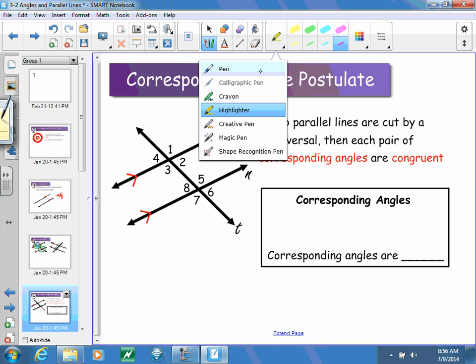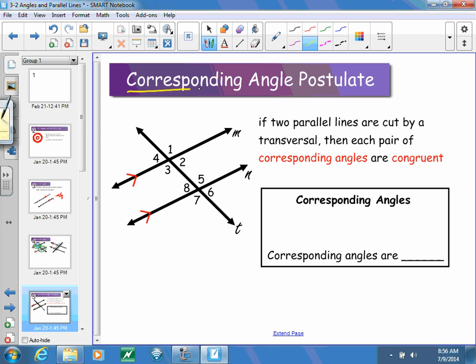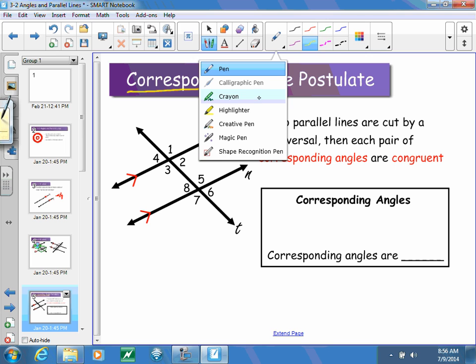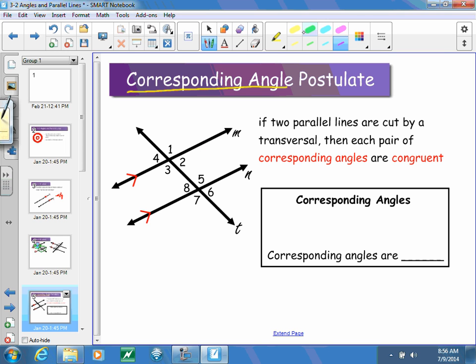You should see a word that looks familiar here from yesterday, and that's corresponding angles. Remember, corresponding angles are the angles that are in, as I like to say, the same corners. So angles 4 and 8, 1 and 5, 2 and 6, and 3 and 7. Those are our corresponding angles. What happens here is if two lines are parallel and they're cut by a transversal, which I have as T, then each pair of corresponding angles are going to be congruent to each other.